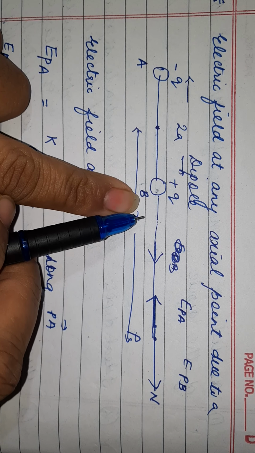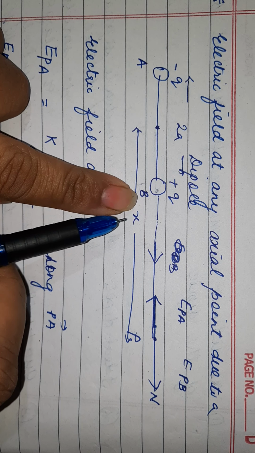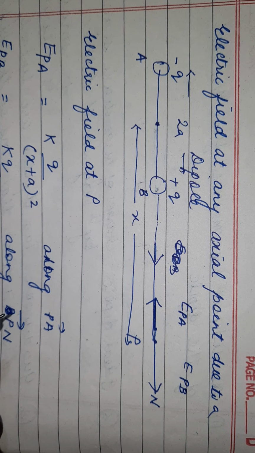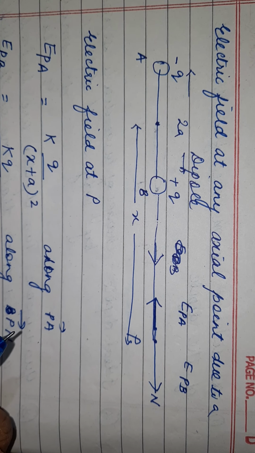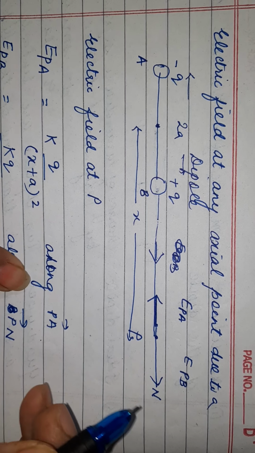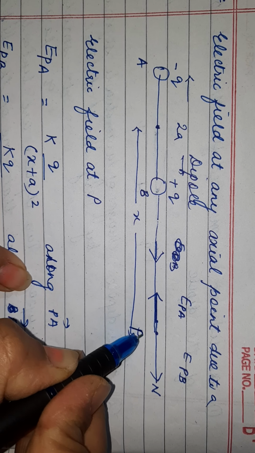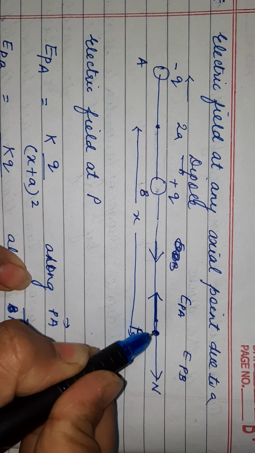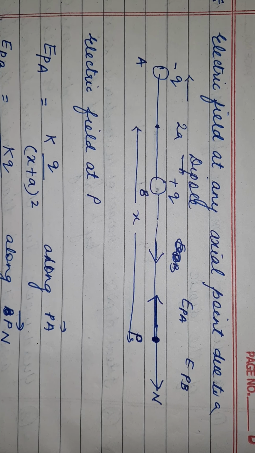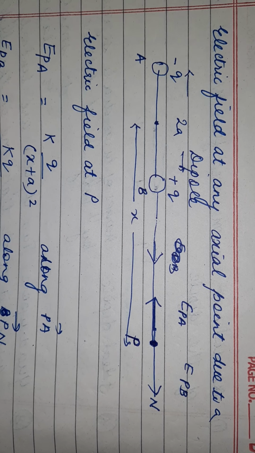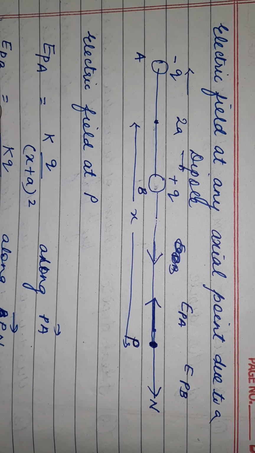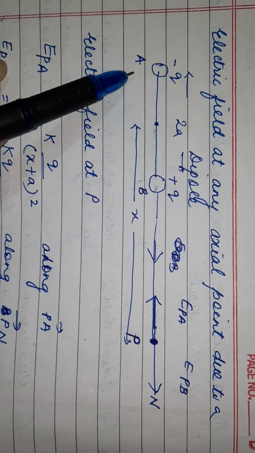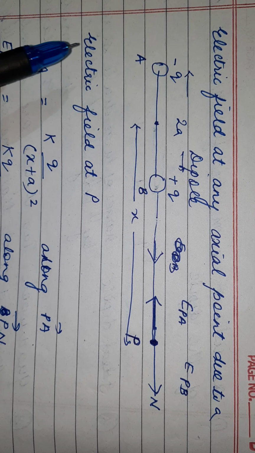Now suppose we wish to find the electric field due to the dipole at position P. This is the point P. So we will find the electric field intensity at P due to each charge.